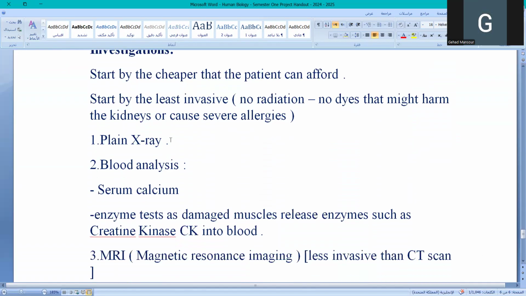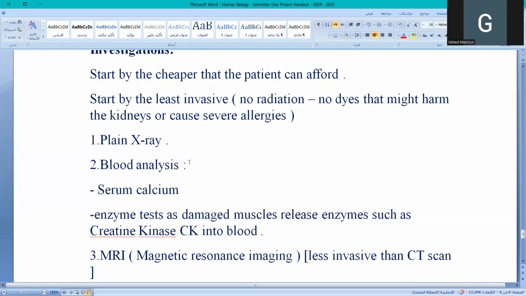We can ask for a plain X-ray if you are suspecting, for example, a fracture in the bone or osteoarthritis, which is a degenerative condition of the knee joint, or a tear in the medial meniscus or in the lateral meniscus.